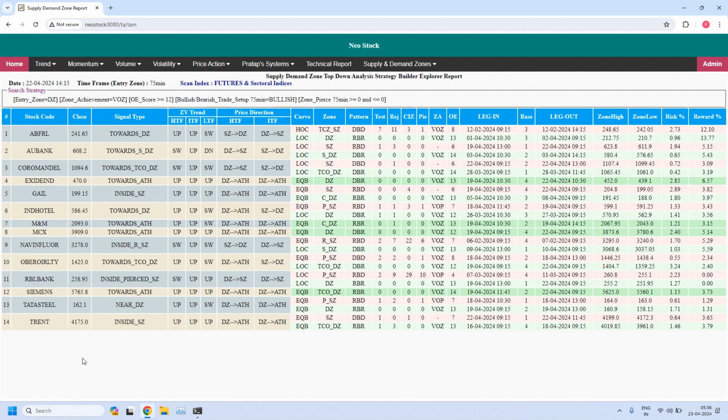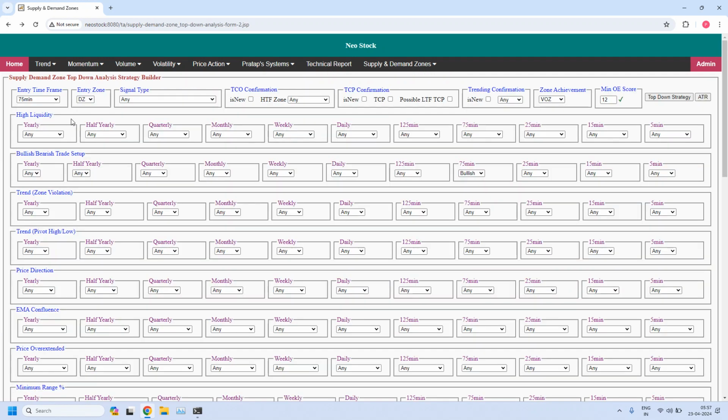Okay, now let me go back and generate the bearish trade setup. So for bearish trade setup, weekly income trade, the entry time frame is 75 minutes, but the entry zone should be supply zone. And also in the bullish or bearish trade setup parameter, in the 75 minutes time frame, I am selecting bearish.